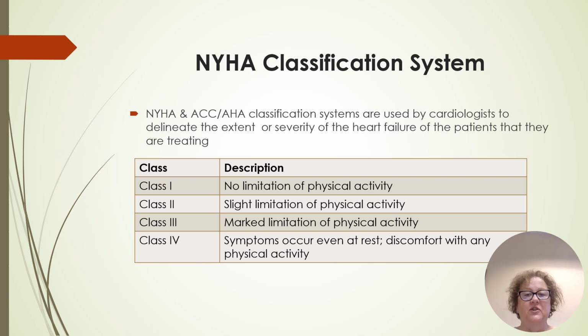I'm going to show you two classification systems that are used by cardiologists when they want to delineate the extent and the severity of the heart failure of the patients that they're treating. One is the New York Heart Association classification system, which is shown here on this slide.